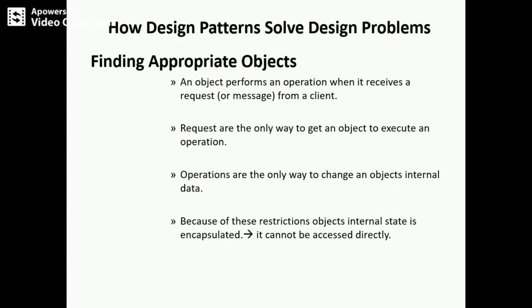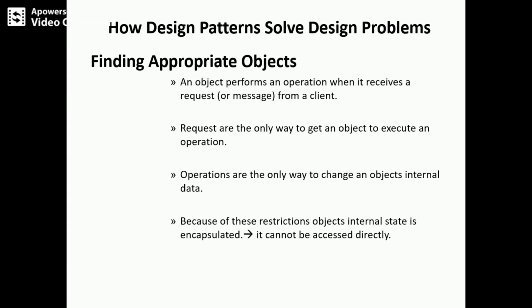First of all, we should identify a particular object. An object performs an operation when it receives a request or message from the client, and requests are the only way to get an object to execute an operation.